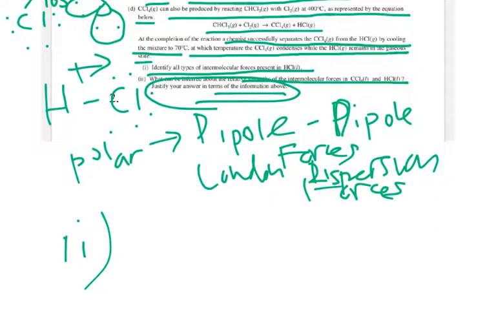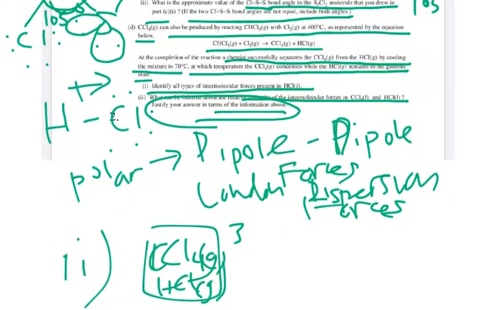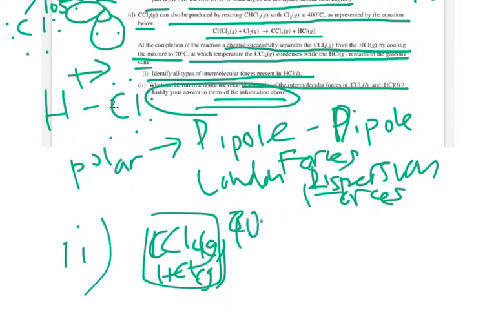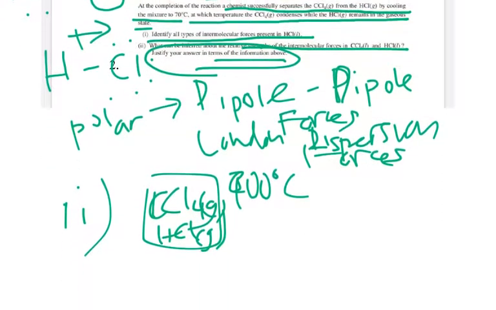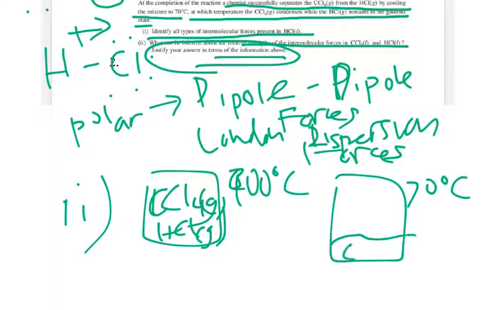So the information above tells us that when we have CCl4 gas and HCl gas, at 400 degrees Celsius they're both gases. But when they cool down to 70 degrees Celsius, the CCl4 condenses first, and the HCl is still a gas. Now this tells us a few things.